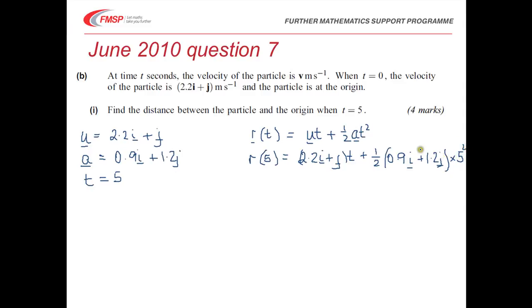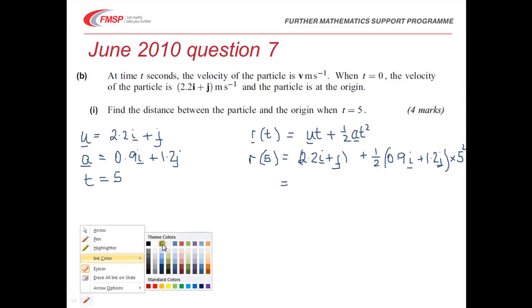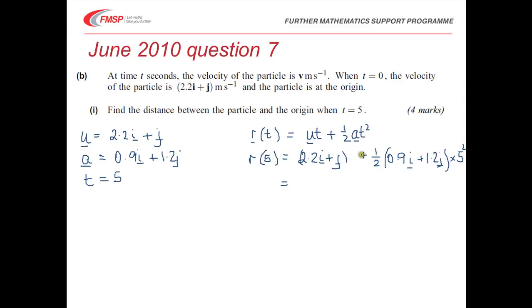I haven't put a 5 in there, so I'll make that a 5. If we do that carefully, we put the 5 in there.